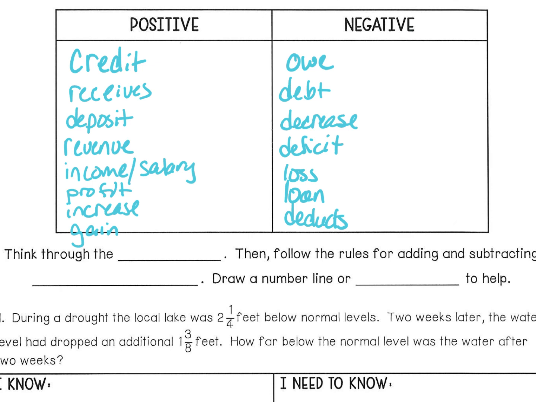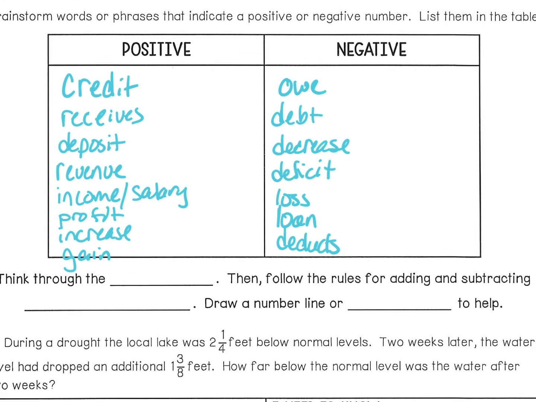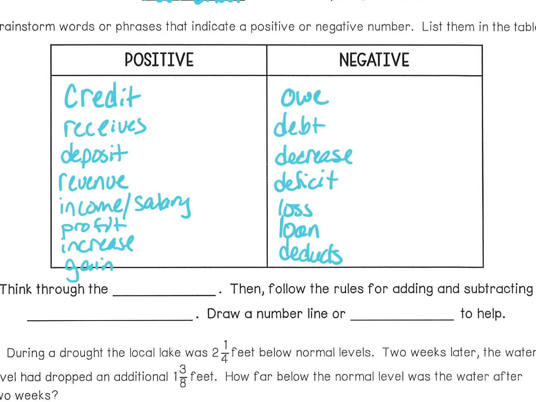Okay, so here are the words that we have for positive. We have credit, receives, deposit, revenue, income or salary, profit, increase and gain. And then for negative, we have owe, debt, decrease, deficit, loss, loan, or deducts. Some of these you're not as familiar with because you haven't used them yourself, but you will at some point in life.